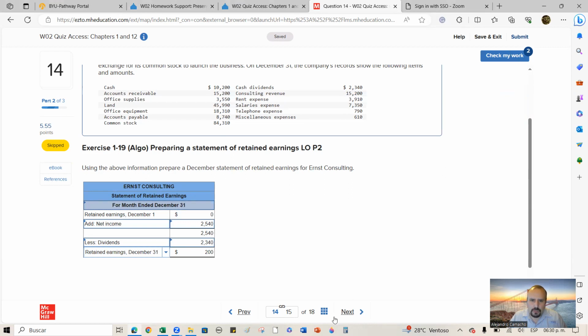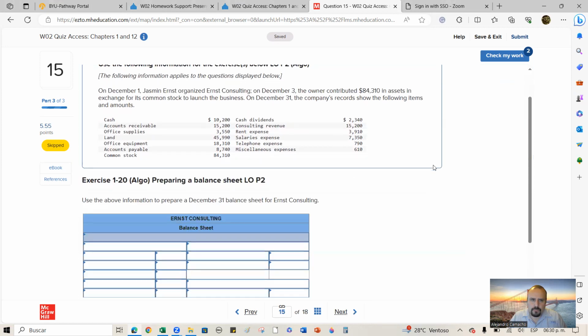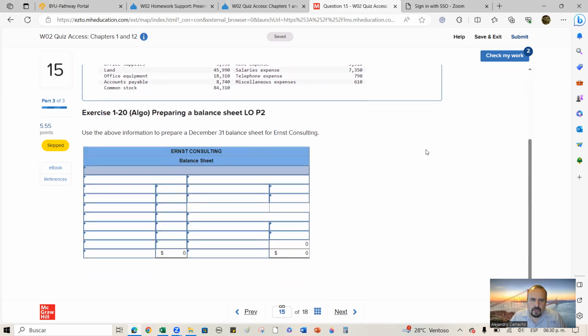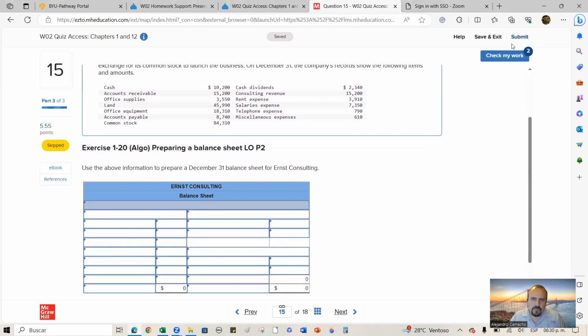Fill a balance sheet. So this one is covering a specific point in time, right? So for this one, we are covering the last day of the month.